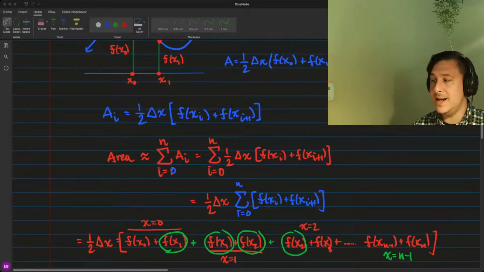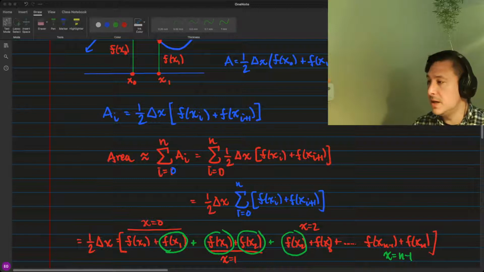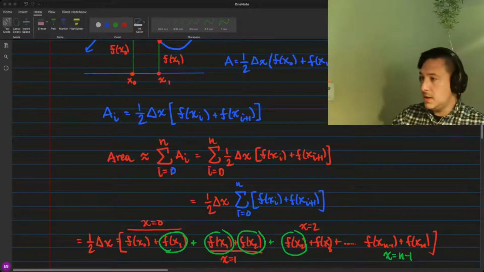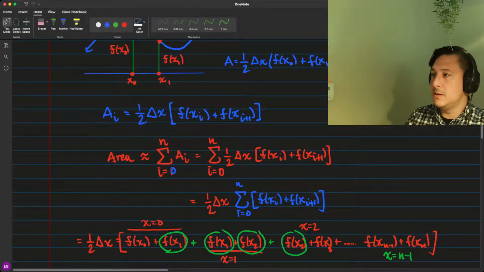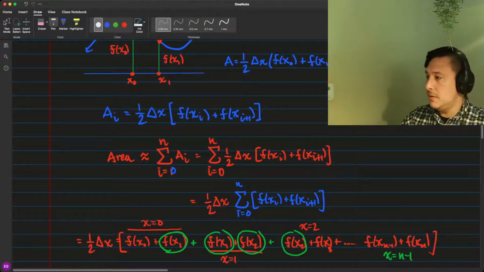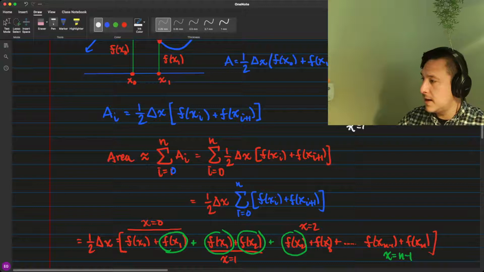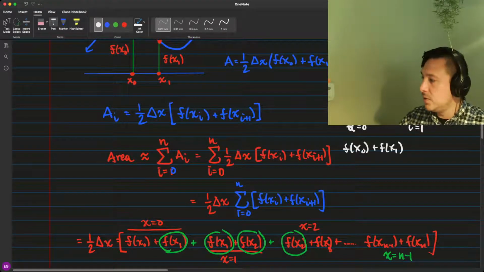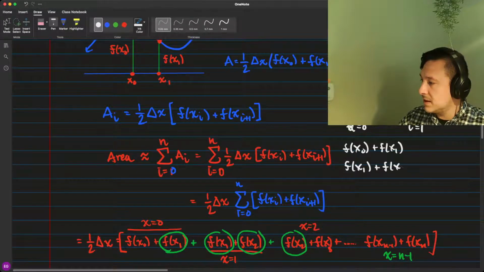Okay, so if you start adding up all of those trapezoids, what you notice is that for one of your formulas, let's say you plug in 0. When you plug in i equals 0, you're going to get f of x0 plus f of x1, right? And then if you plug in i equals 1, you're going to get f of x1 plus f of x2.